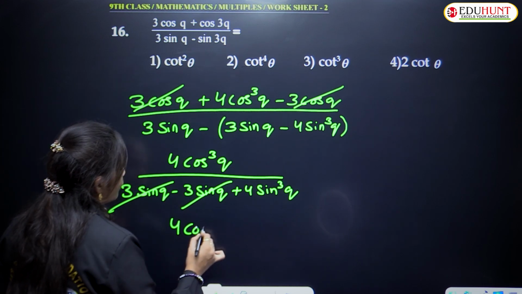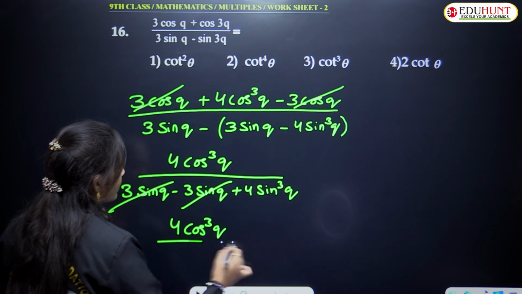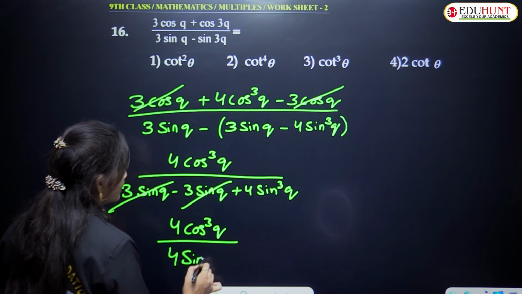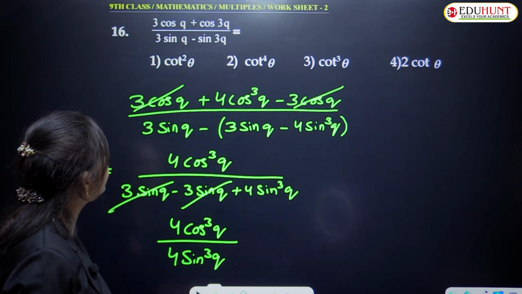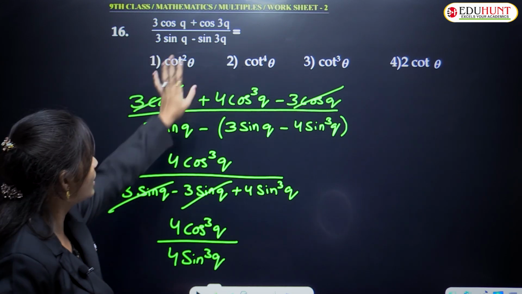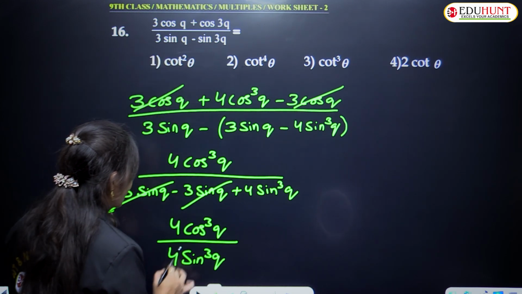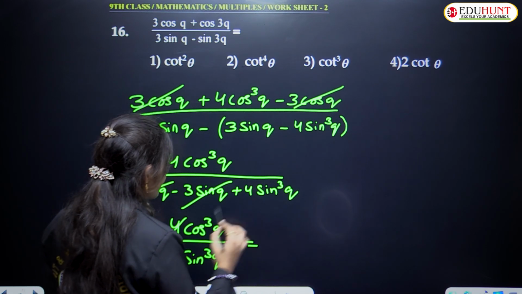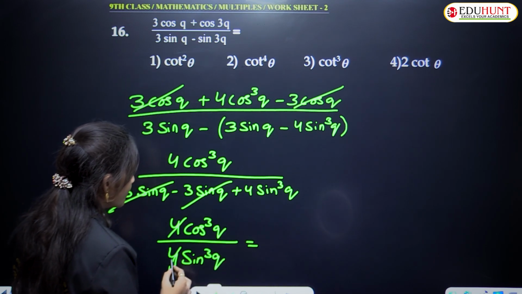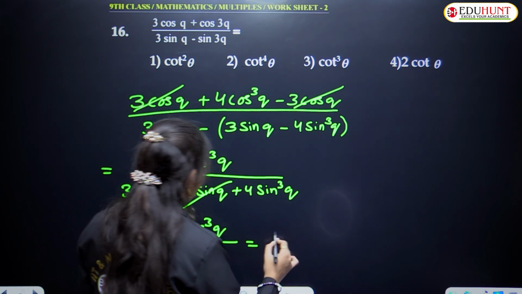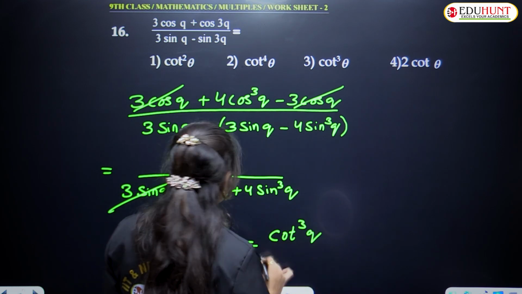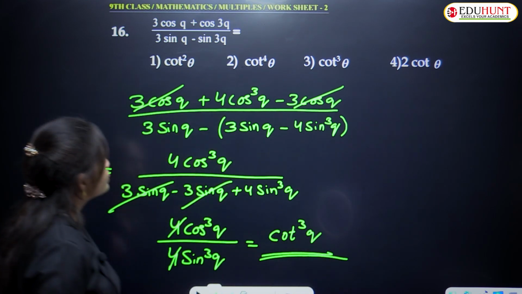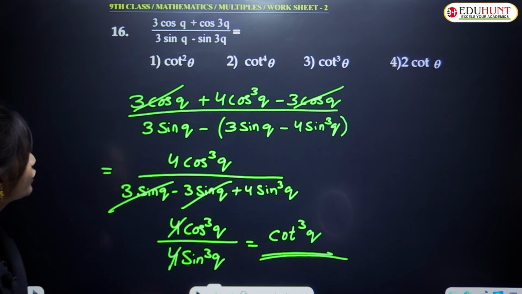Next, 4 cos cube q by 4 sin cube q. This type of question, we already simplified one, but here they have changed only theta. Okay, so here 4 and 4 get cancelled, so cos cube q by sin cube q, which is equal to cot cube q.